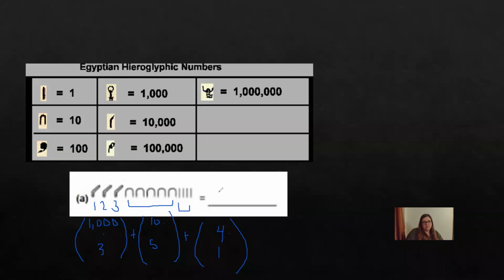So your answer is going to be, I'm sorry, these aren't thousands. These are tens of thousands. 30,000 plus 50 plus 4. Answer is 30,054.